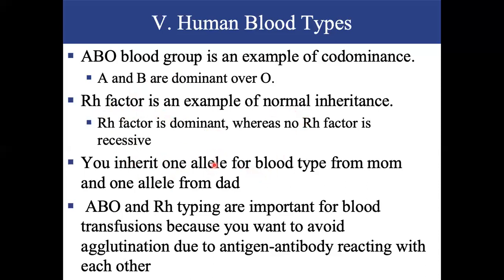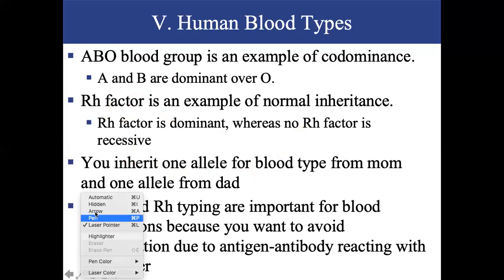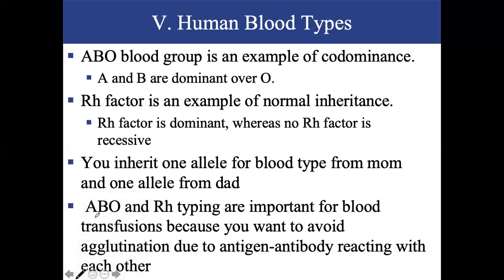You inherit one allele for blood type from mom and one allele of blood type from dad, right? So let's draw your picture. I think it's chromosome 12 that codes for blood type. So let's say this is chromosome 12. Okay, here's one chromatid from mom, and then this is a chromatid from dad, right?